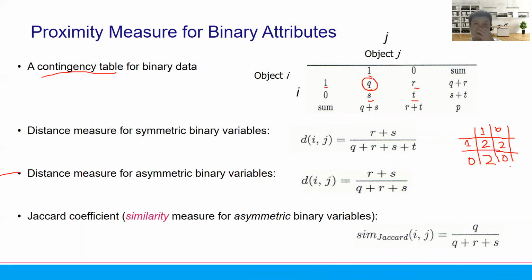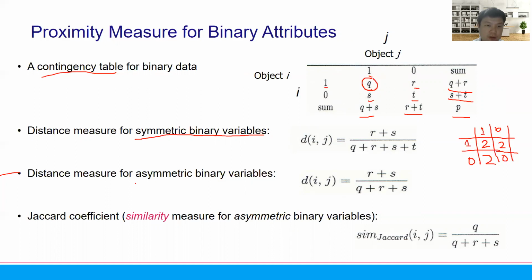From this we can measure Q plus R, S plus T, Q plus S, R plus T, and then we can get P. P is the number of variables. If we want to measure symmetric binary variables, do you still remember what symmetric is? Symmetric means the two binary variables have the same importance.